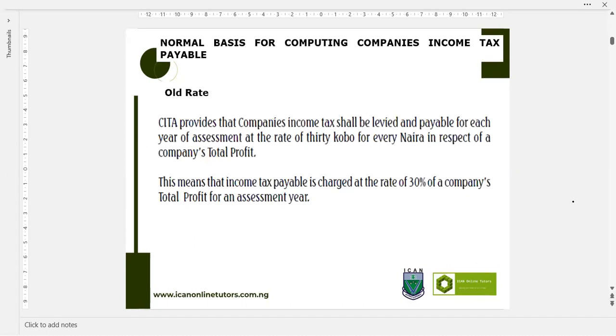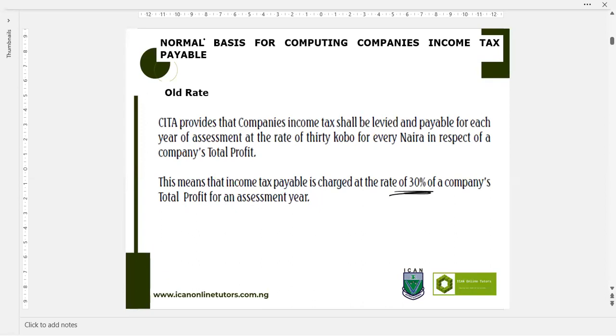Are we together? If you can still remember, before now, the Nigerian tax rate has always been a flat rate of 30%.